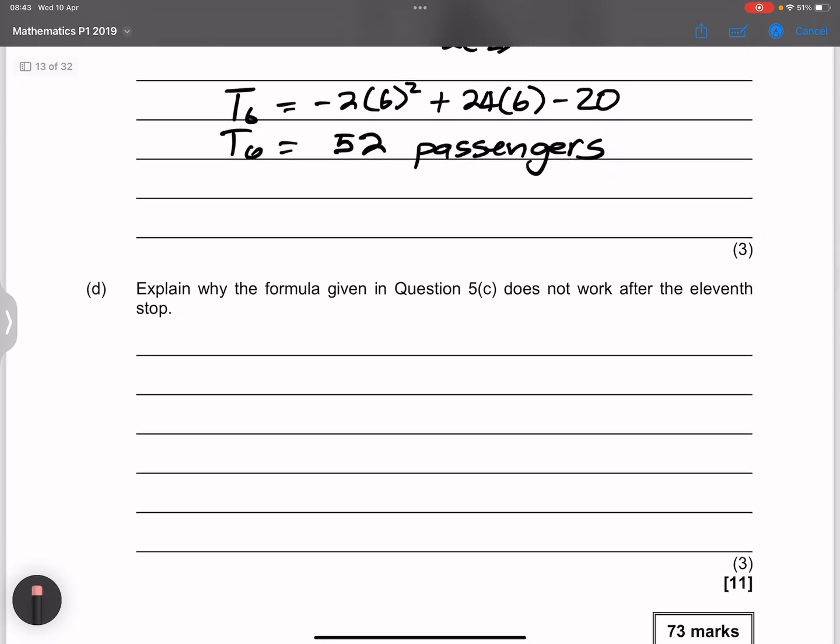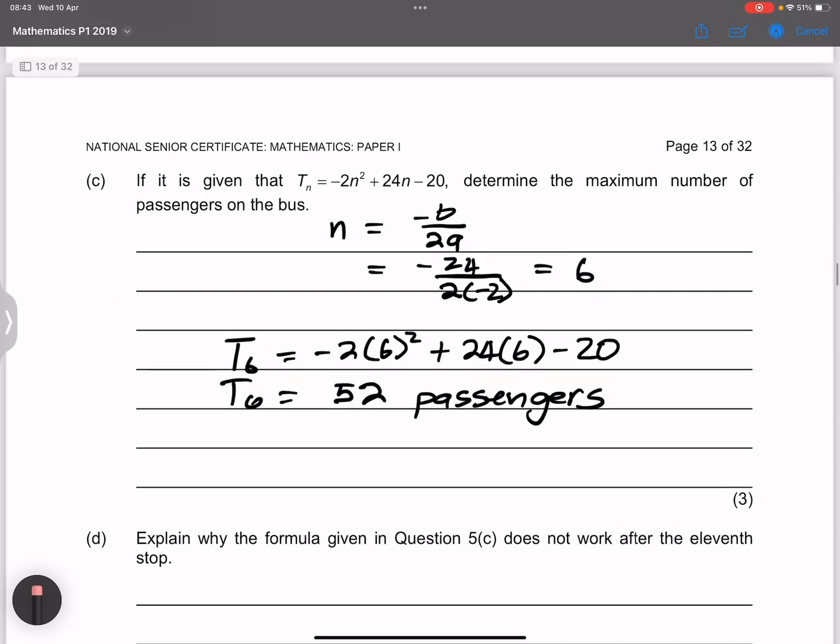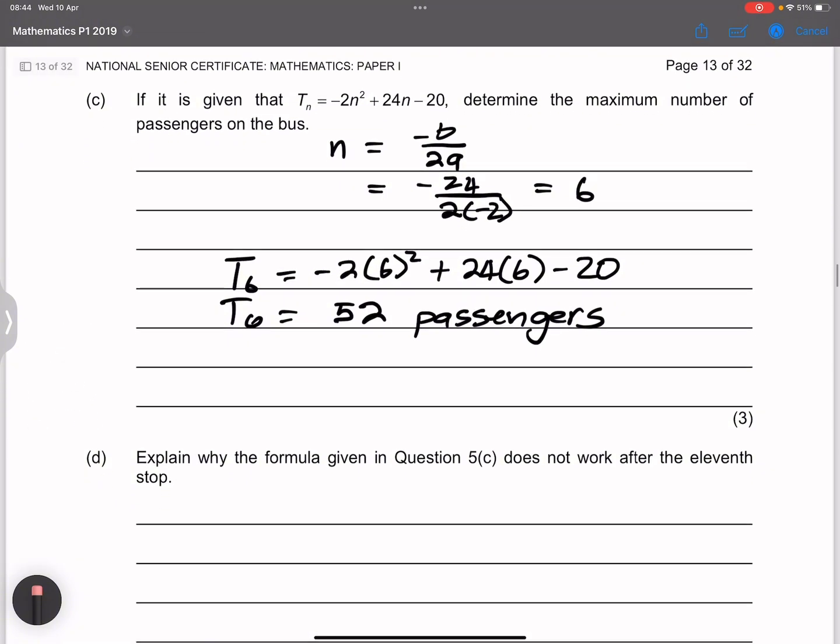So in this case, they say explain why the formula given in question 5C does not work after the 11th stop. Right, so if you think about a quadratic, or in this case a parabola, what we don't want is for the value of Tn to be negative. You cannot have a negative number of passengers. So let's see. If we factorize that and made it equal to 0, we've got minus 2n squared plus 24n minus 20.